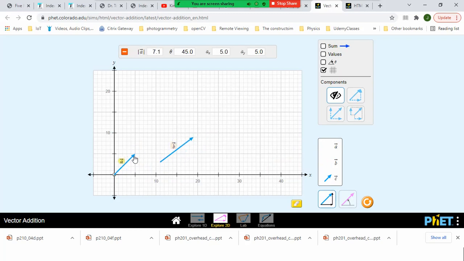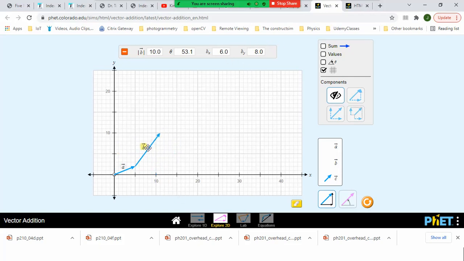Okay, so this one, A is 5 right here, A sub x, and it goes up to 2. Then we take B. The x component of B is 6, and the y component of B is 8.